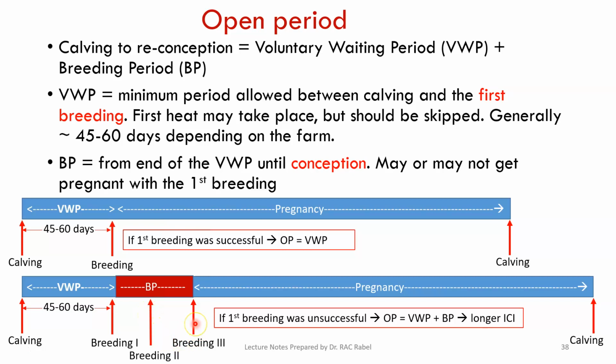If you're lucky, it'll conceive on the third breeding, but sometimes there will be animals that you'll have to do a fourth breeding. Also, if nothing works, sometimes you just cull these animals who are resistant to conceiving. So that's just how nature works, right? In such a case, open period is much longer than the voluntary waiting period. But in this case, open period was the same as the voluntary waiting period.